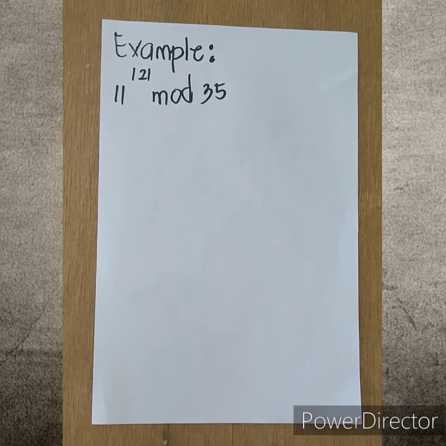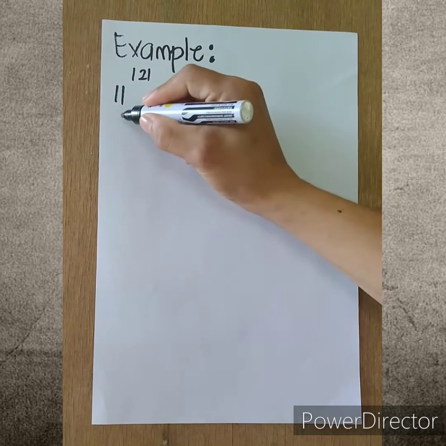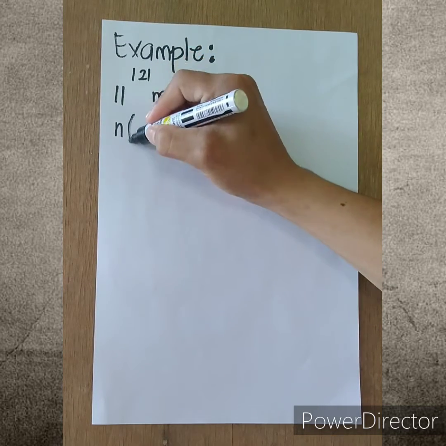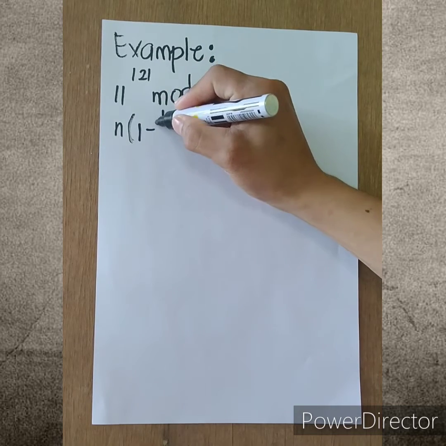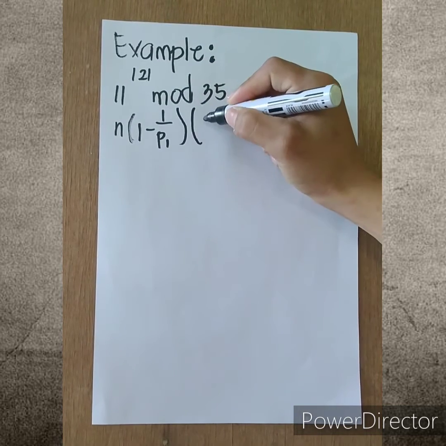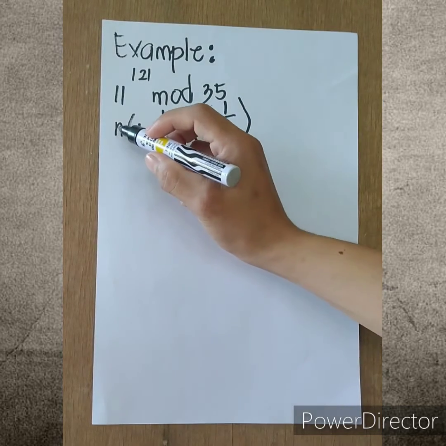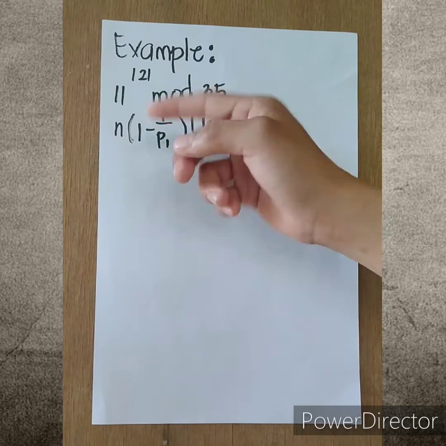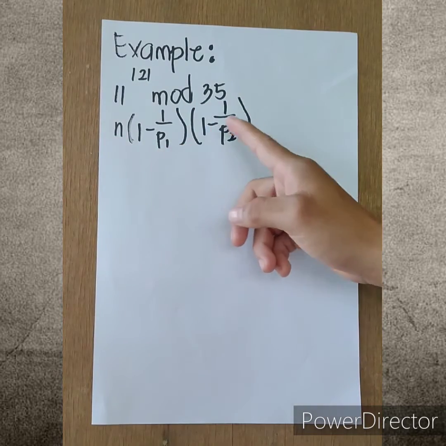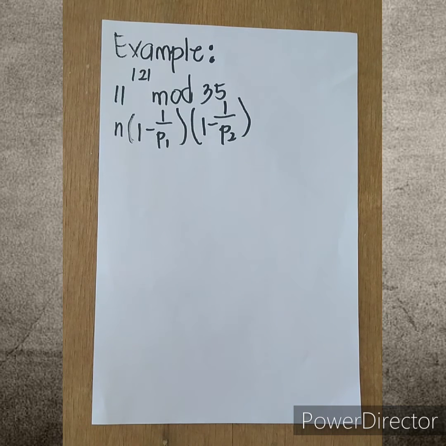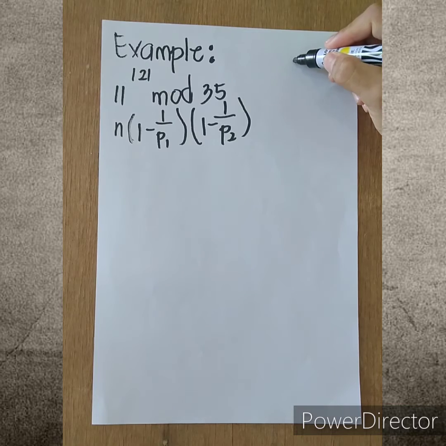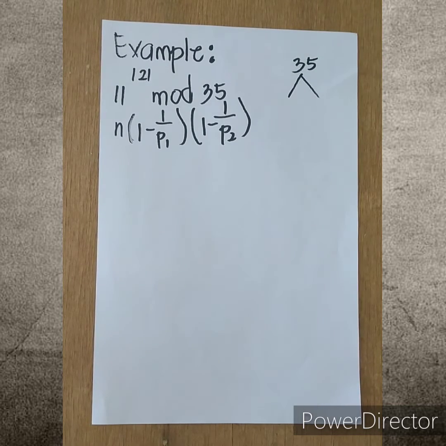In this problem, we will use rule number 4, which is n times the quantity of 1 minus 1 over p sub 1 times the quantity of 1 minus 1 over p sub 2, where n is the divisor and p sub 1 and p sub 2 are the prime factors of the divisor. So let us first get the prime factors of 35. The prime factors of 35 are 5 and 7. 5 times 7 is 35.